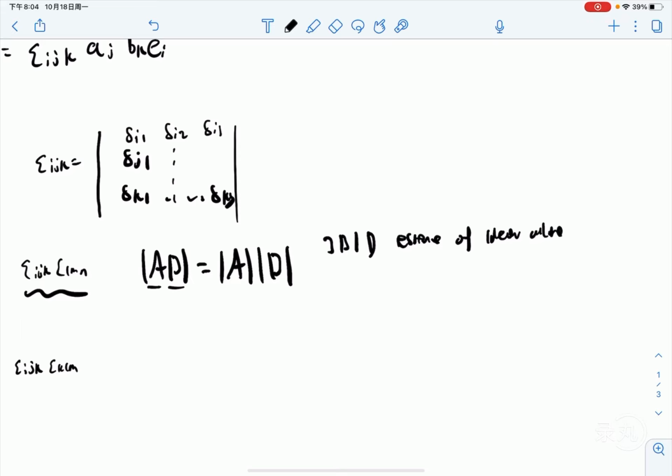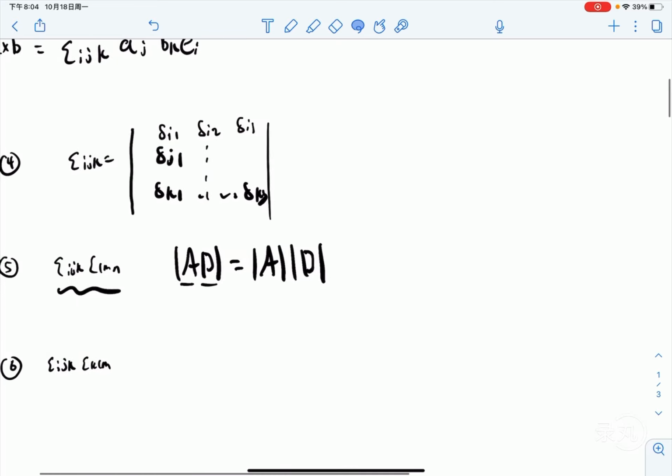The video is about the determinant. There's a proof at the end. It's kind of a proof, but not really. Yeah, I guess it is.